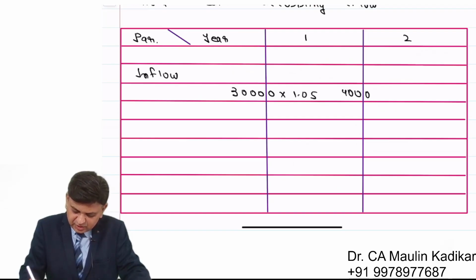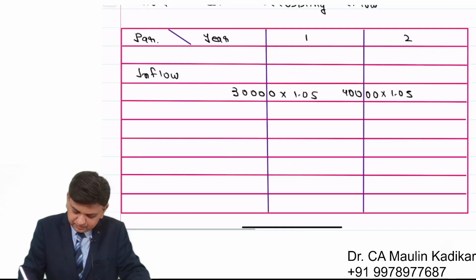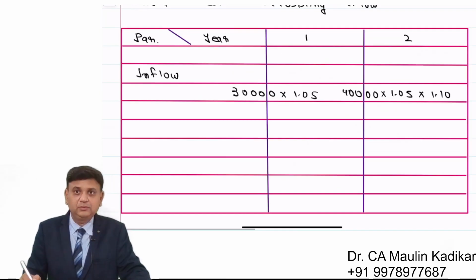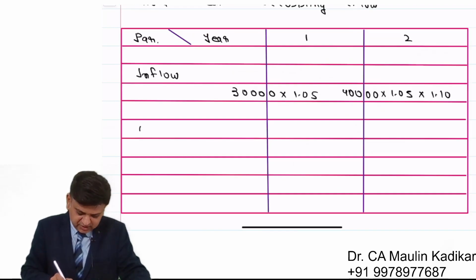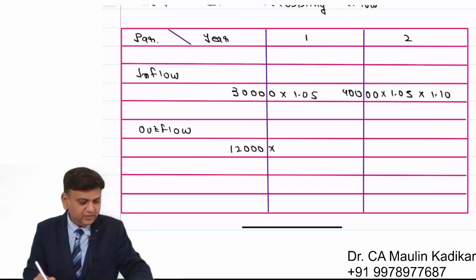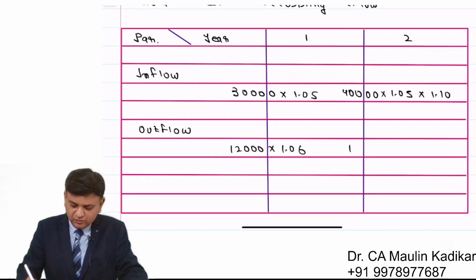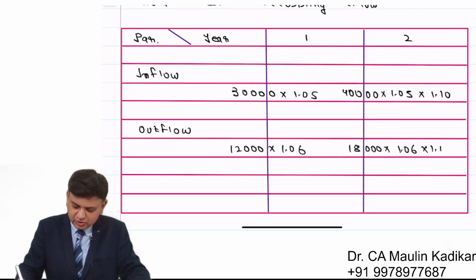Second year it is again 40,000 into 1.05 into 1.10, because we know that the inflation rate is on an annually compounded basis. Outflow. First year outflow is 12,000. Inflation rate for the first year is 6%. Second year cash outflow is 18,000, and the second year inflation rate is 8%.